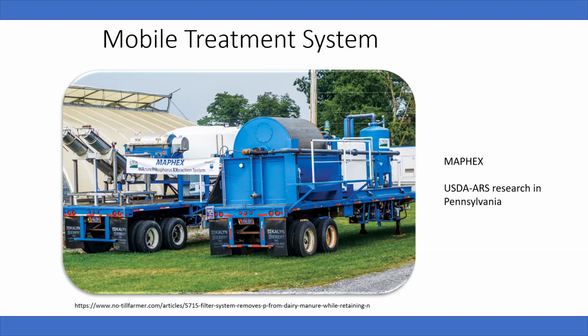This is similar to what we would like to do with the quick wash process, where it could pull up to a farm, process manure, and then have a pile of nutrients that could be resold. I'm working with a company to work on the market to resell these nutrients and to provide this mobile service. Next slide.